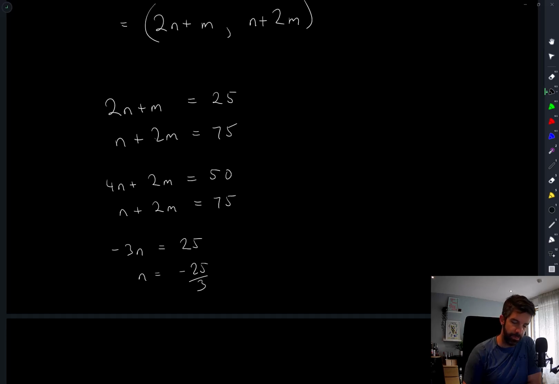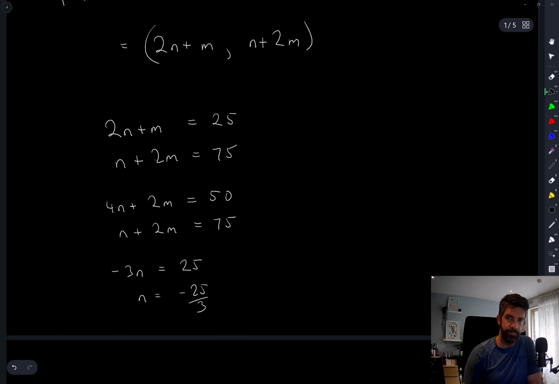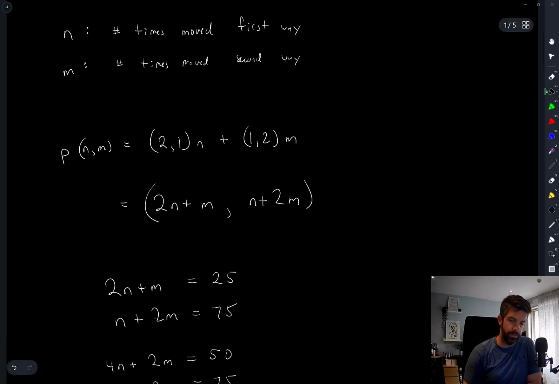If we thought about this in terms of a sketch, we obviously want more moves of the second type. Well, I shouldn't say obvious, but we probably want more moves of the second type.